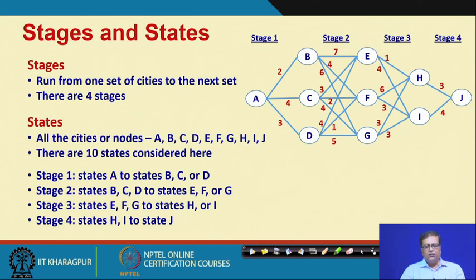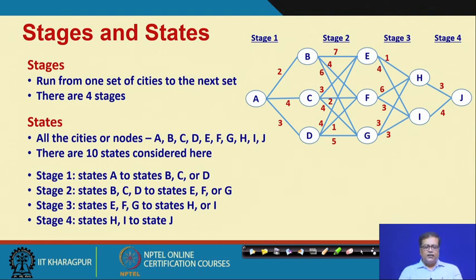So, in stage 1 you actually move from A to either B or C or D. In stage 2 you move from the set of cities B, C, D to the set of cities E, F, G. Is it all right? In stage 3 you move from E, F, G to H, I, any one of them. And in the final stage you move from H, I to J. If you are in H, go to J, if you are in I, you go to J. So, these are the 4 stages.